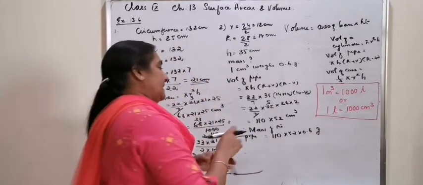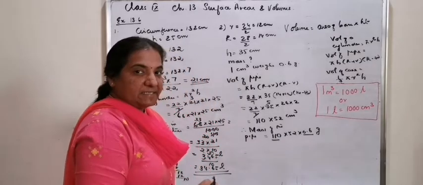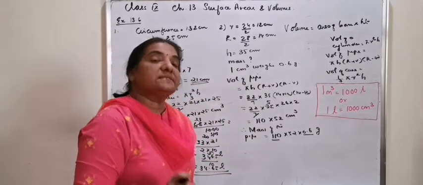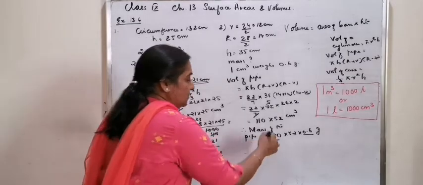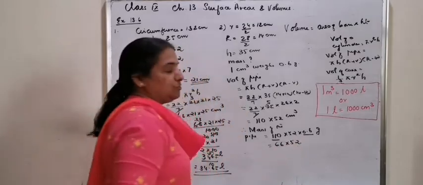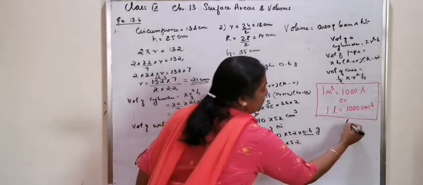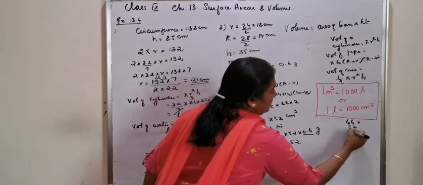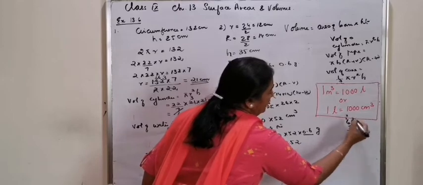So 110 into 0.6 means 110 into 6 is 660. One decimal place will be cancelled along with the 0, or it is 66 into 52. The calculation is only 66 multiplied by 52. 66 into 52, 6 2s are 12, 13, 30, 33.